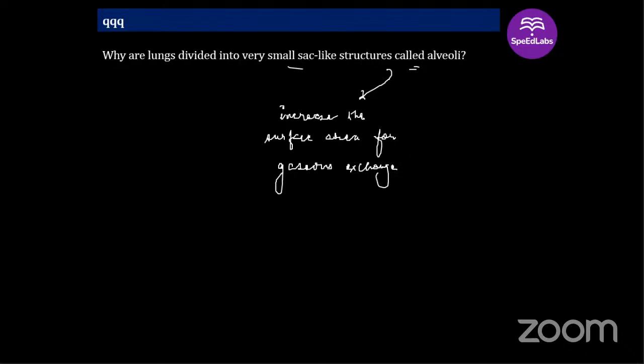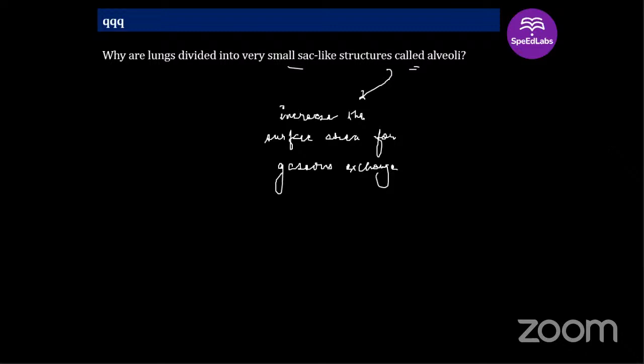What are the features of a respiratory surface? This is also a very important question from your exam point of view. There are certain specific features of a respiratory surface. One is it should provide a large surface area. It has a rich supply of blood capillaries.